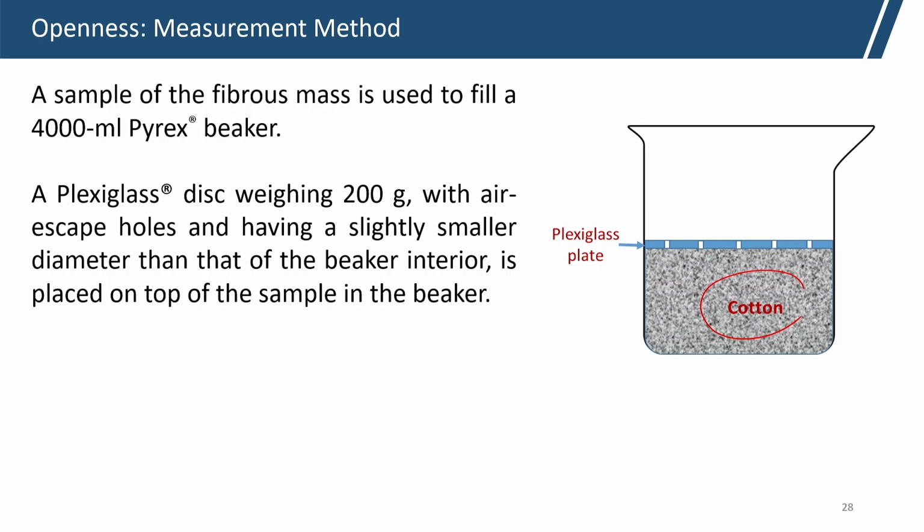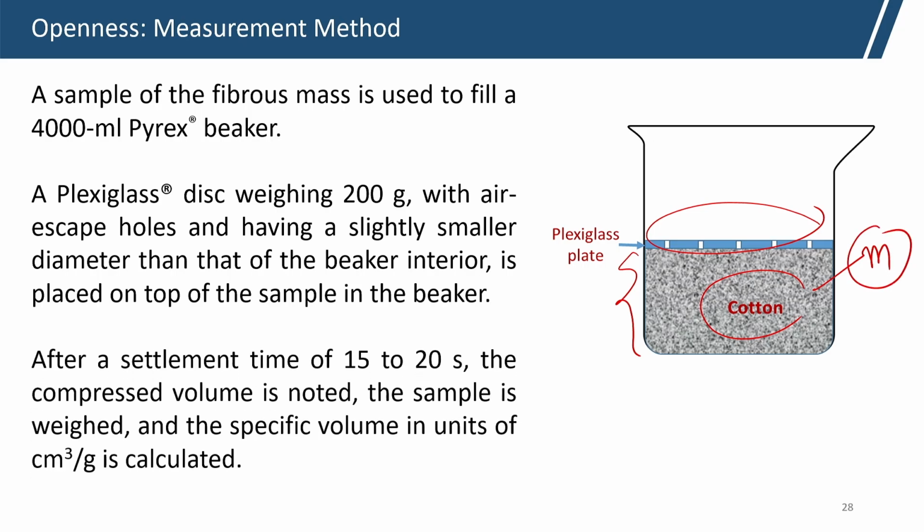We measure the volume height of this tuft, and if we know the cross-sectional area and the mass, we can calculate the openness value.